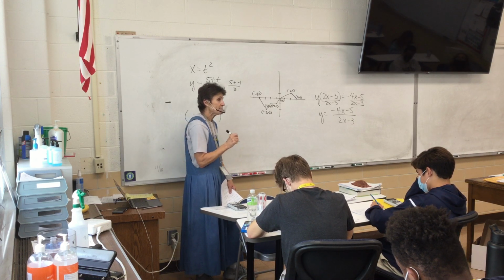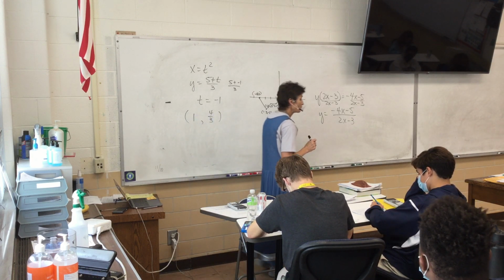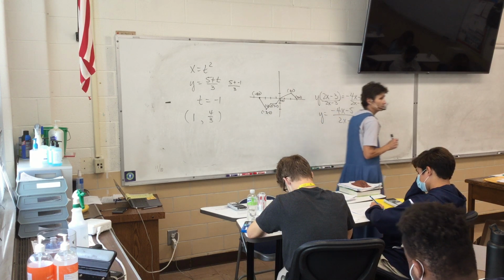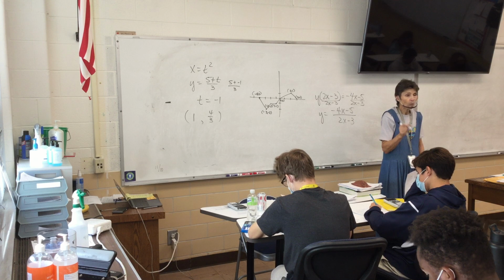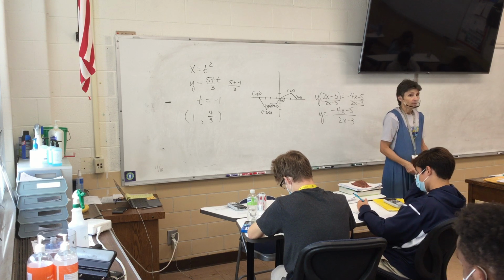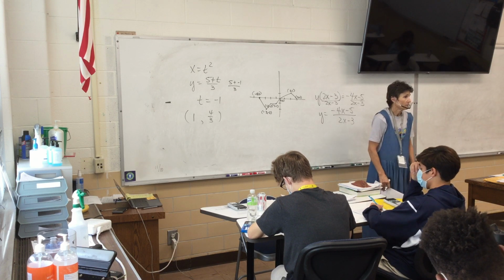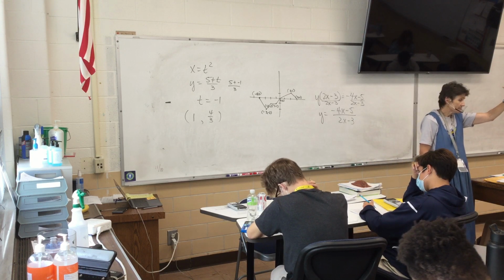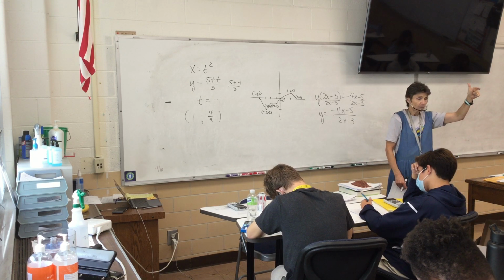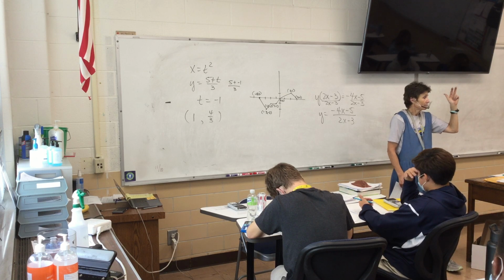Now, what about D, one to one? Is it one to one? No, because what does one to one mean? It's both. You pass both. So it passes vertical, it does not pass horizontal, so it is not one to one.